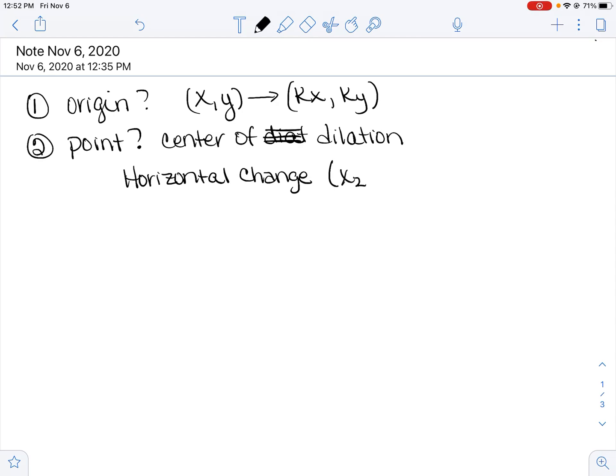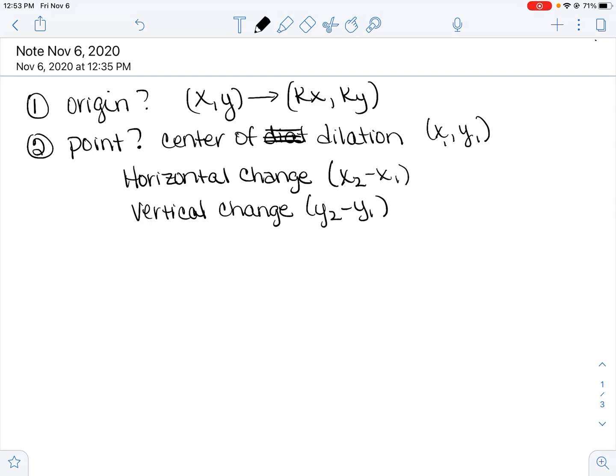So x2 minus x1, where the center of dilation is your x1, y1. You do the same thing for vertical change. So think of it as your run, your rise. y2 minus y1.